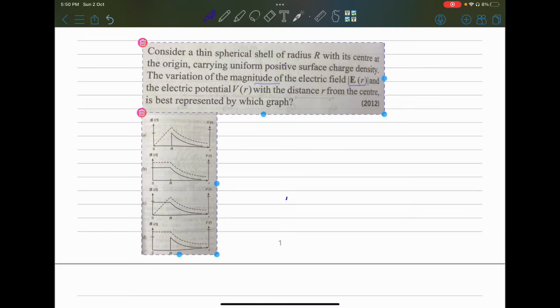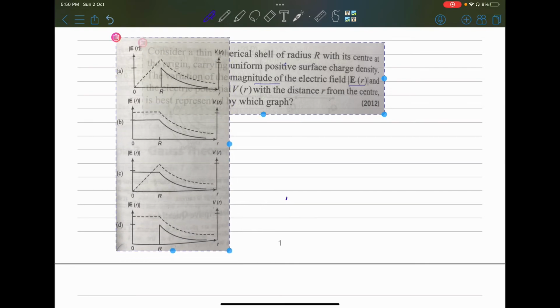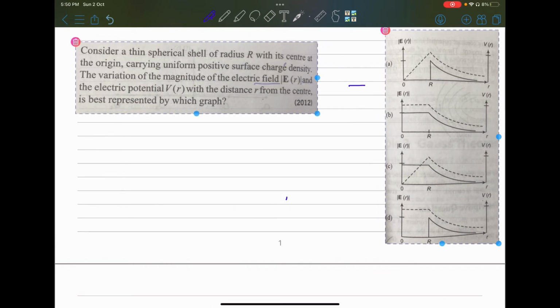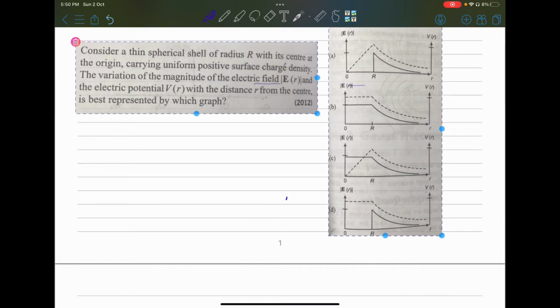So let us just enlarge this graph a bit. Okay, let us understand this graph first. On the y-axis there is the magnitude of electric field. Also on this axis, whatever is on this axis is represented by the dotted diagram.